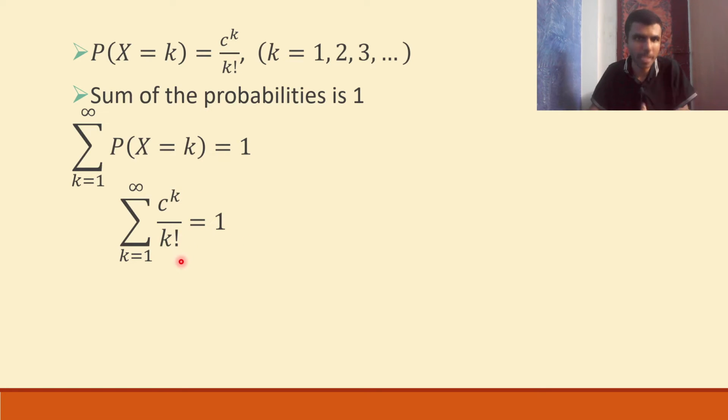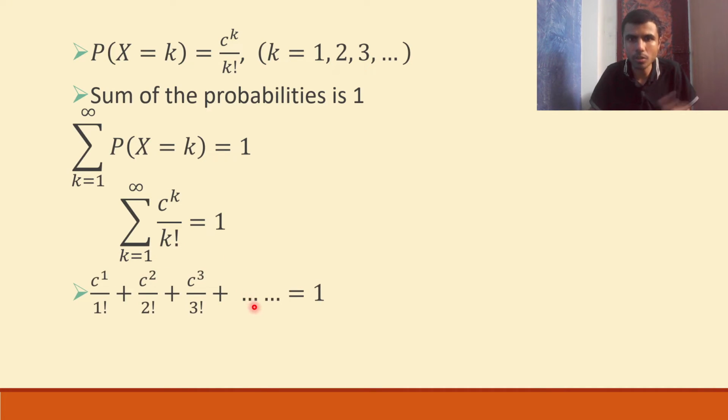Now let's expand this sigma. First k is 1, so c^1 by 1 factorial plus c^2 by 2 factorial plus c^3 by 3 factorial. In the LHS, first k is 1, next k is 2, next k is 3, like that we go on putting, and so on, is nothing but 1.